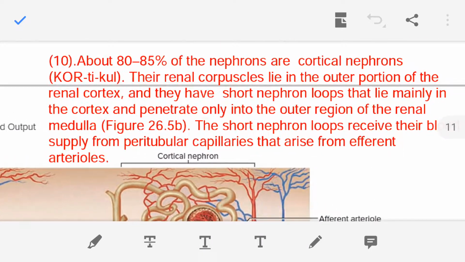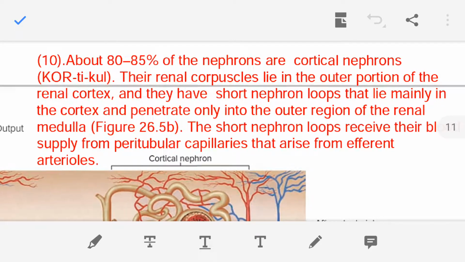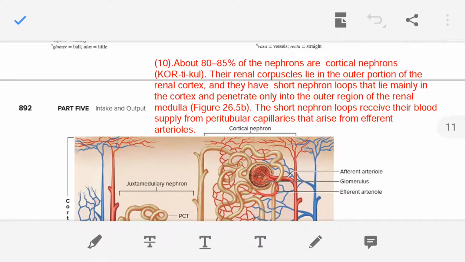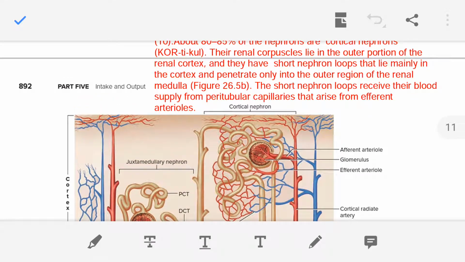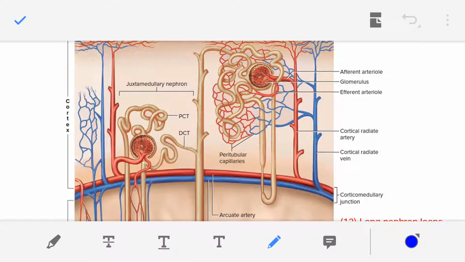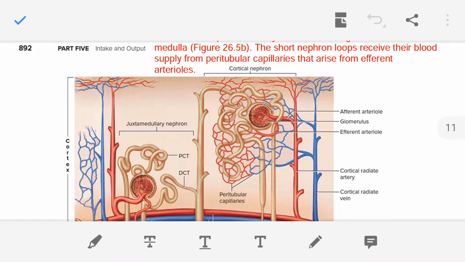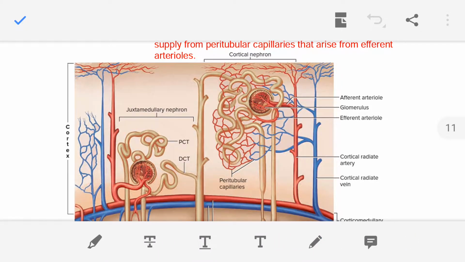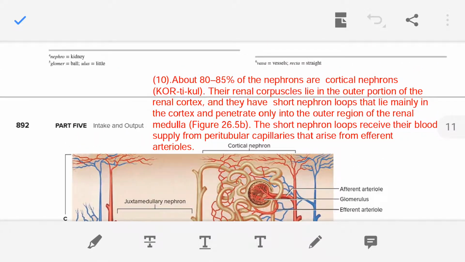One type is known as the cortical nephron. 80 to 85% of the nephrons of the kidney are cortical nephrons. The remaining 15 to 20% are the juxtamedullary nephrons. So here in the figure, as we can see, there are two types of nephron. One is the cortical nephron, the second one is the juxtamedullary nephron.